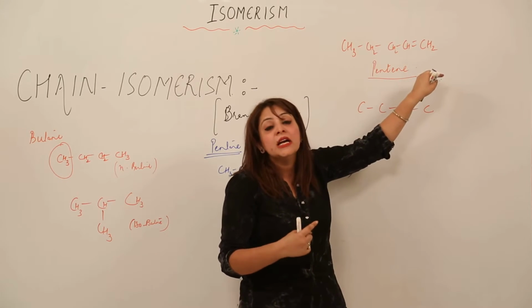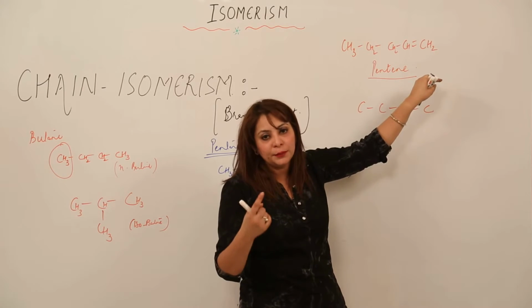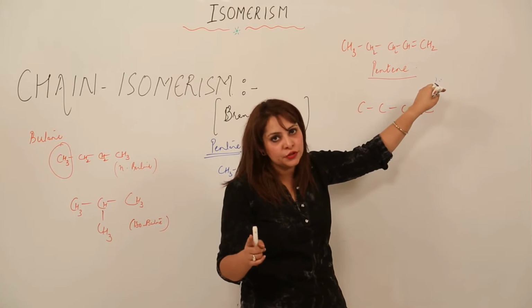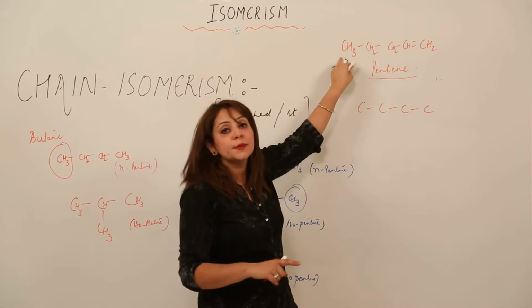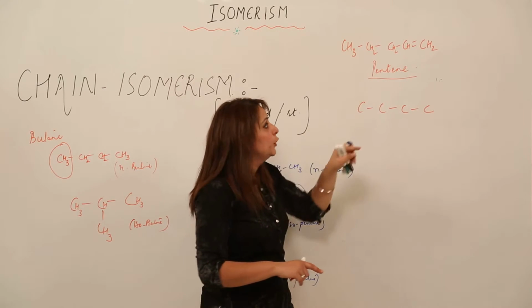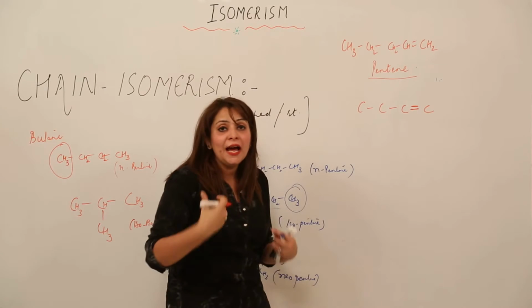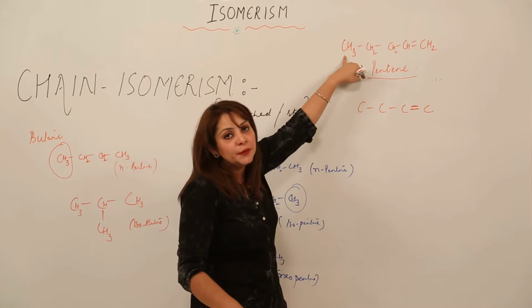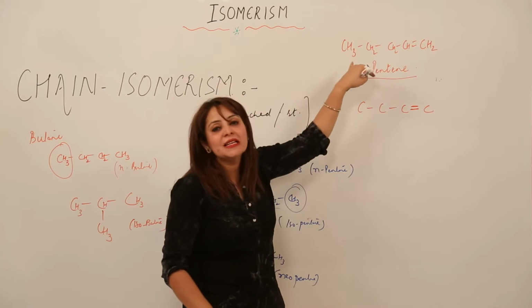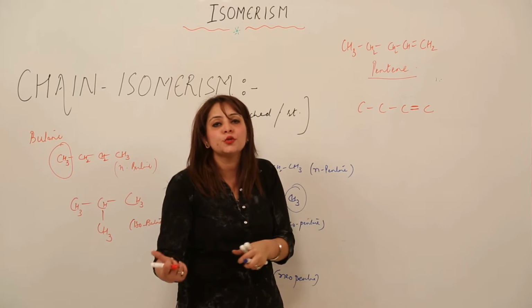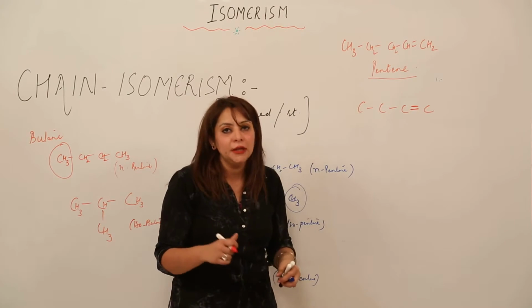Double and triple bonds serve as a primary functional group, so we cannot change their position, but we can change the position of the substituent, that is the methyl group. So, I am going to link this methyl group from the terminal position to a carbon present at a non-terminal position.